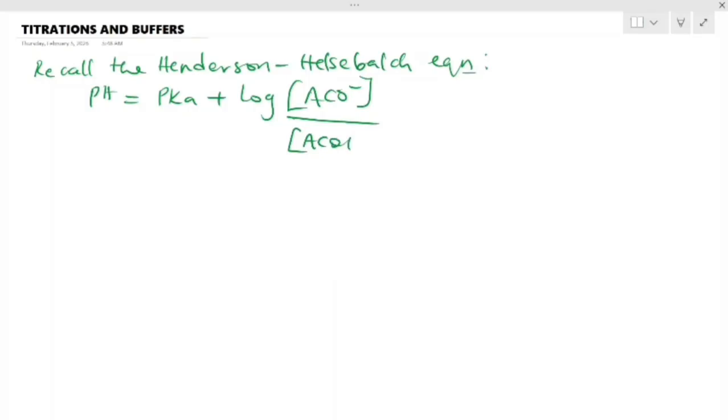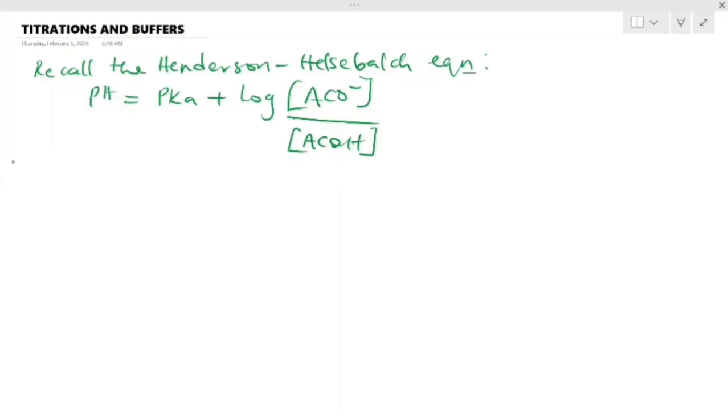Acid, which is ACOH. So when enough of the OH has been added to convert exactly half of the weak acid to acetate, then you have the concentration of this acid equaling the concentration of your what? The acetate. So it is very important to know that it's at that point that it represents your titration.